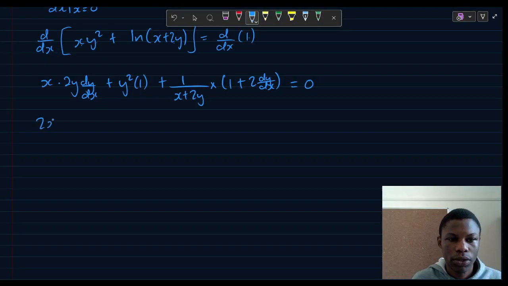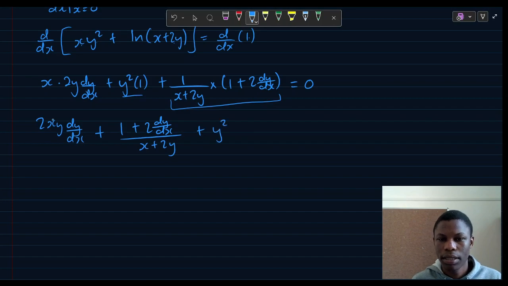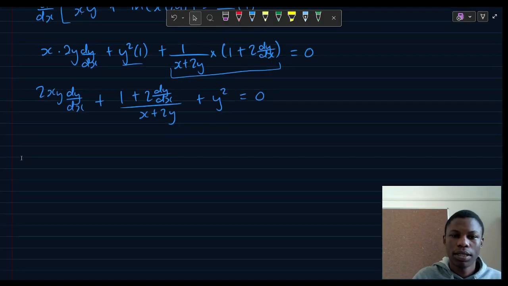So here we've got 2xy dy/dx, plus 1 plus 2 dy/dx all over x plus 2y, plus this y squared is equal to 0. So I'm going to multiply through by x plus 2y to get rid of this denominator.